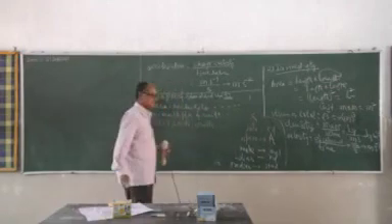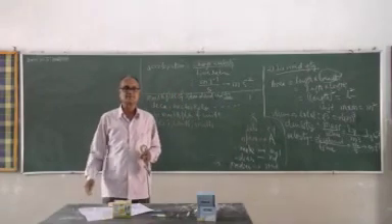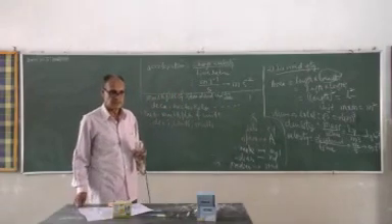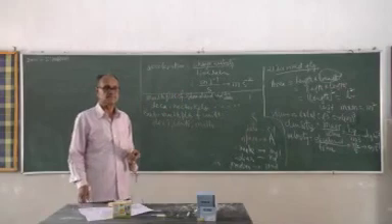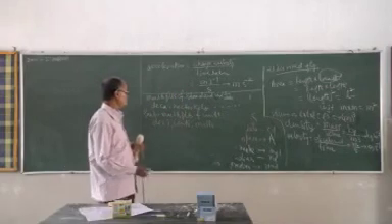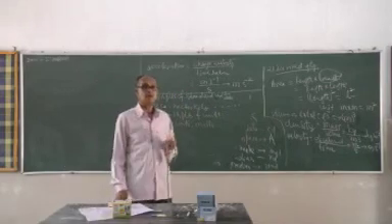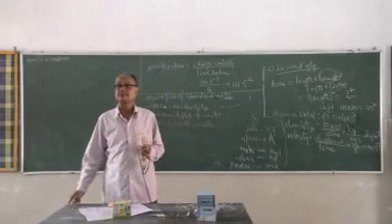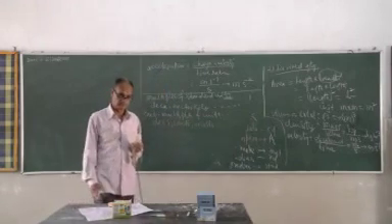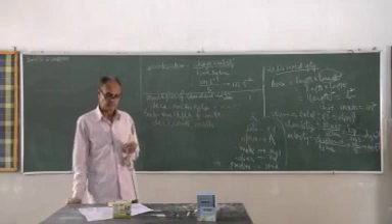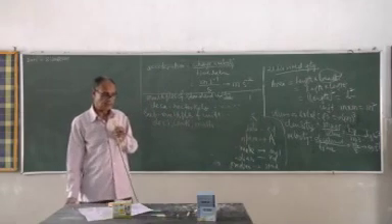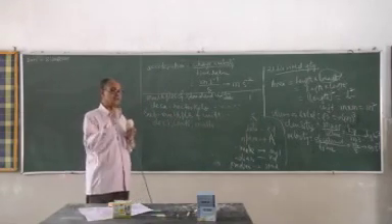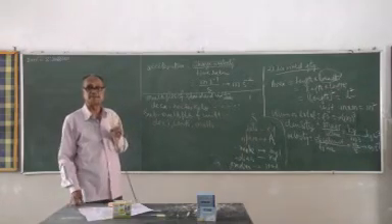Milli means 1 by 1000 times, which is 10 to the power minus 3. That way, if you keep going and going, you will go up to 10 to the power minus 21. You should name these with their proper symbols at the same time.